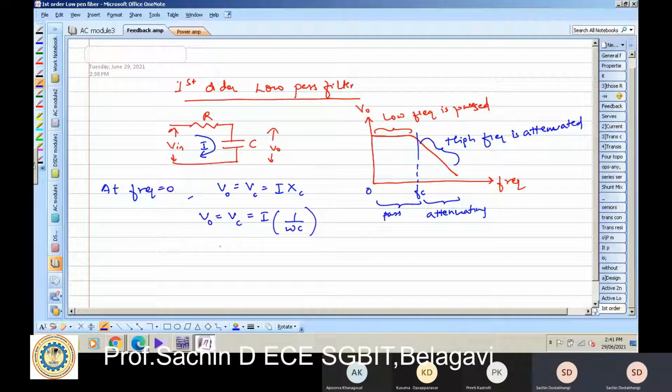So for zero frequency, how will the capacitor behave? Let me look at the reactance.